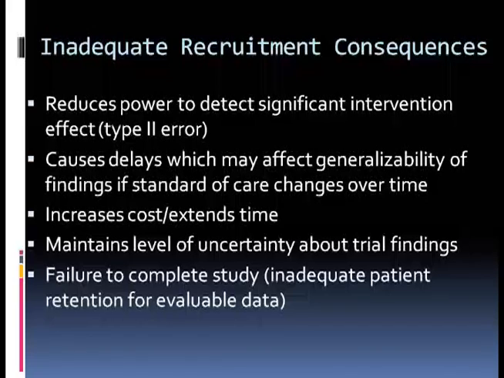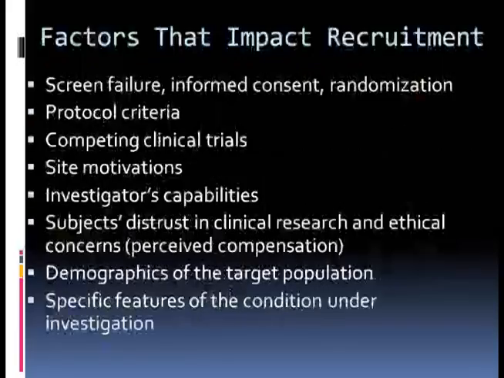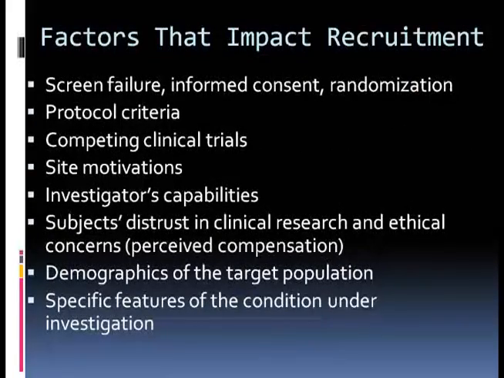Of course, it maintains a level of uncertainty about the trial findings and the efficacy of the studied medication. And the factors impacting recruitment are, as mentioned here, failure of screening, of informed consent or randomization itself, protocol criteria too strict, too complicated, competing clinical trials, site motivations, and investigators' capabilities.